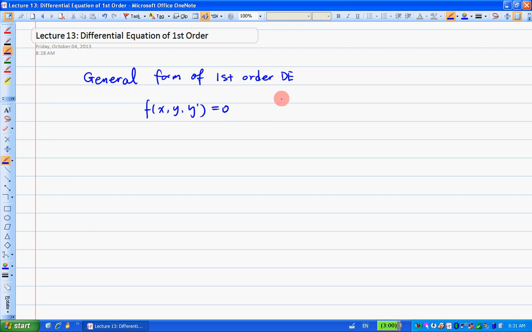For this particular kind, we call that implicit. And for this kind of format, it's called explicit. In this course, we're going to consider mainly this explicit situation, and mainly linear ODEs.